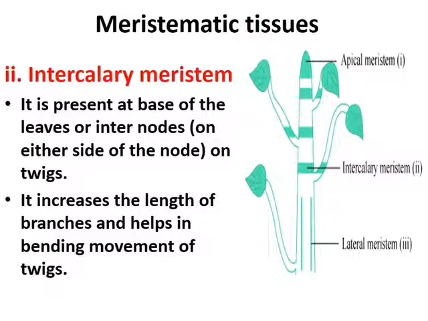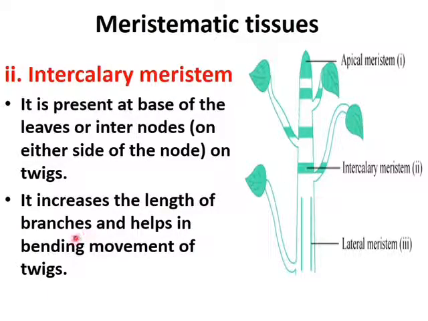Second type of meristematic tissue is intercalary meristem. Inter means in between. So this type of tissue is present at the base of the leaves or internodes on either side of the node on twigs. As you can see in the picture, this type of tissue, intercalary meristem, is present at the base of the leaves and internodes.